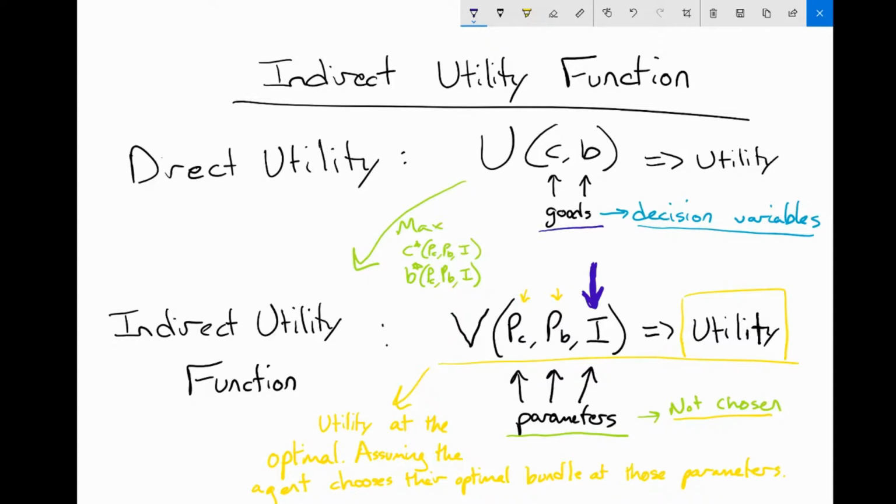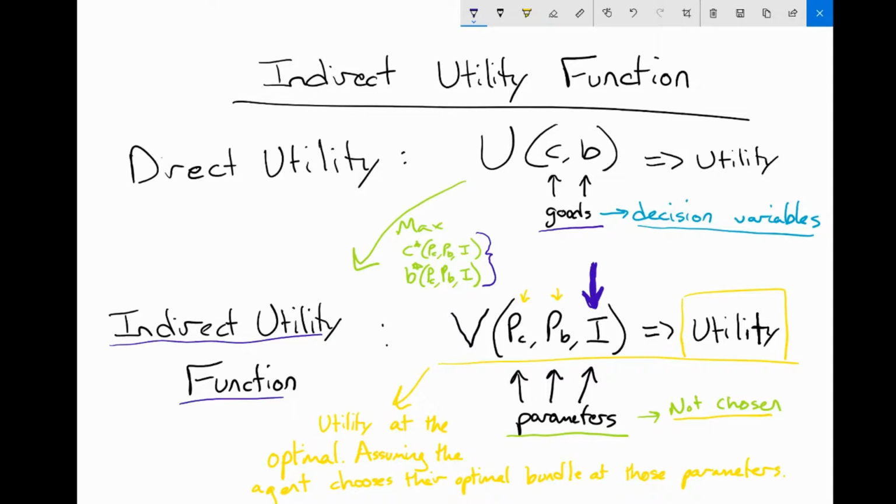So we do the utility maximization problem, we find the optimal choice of coffee and bagels as functions of the parameters, including income. We plug it in. Now we have the utility function as a function of the parameters. Now we can change income. We can look at what is the effect of a change in income on utility. So this indirect utility function is a very powerful policy analysis tool. We'll use it later in the course.